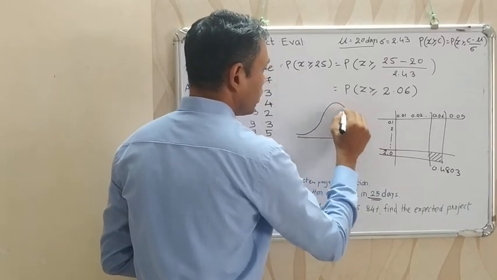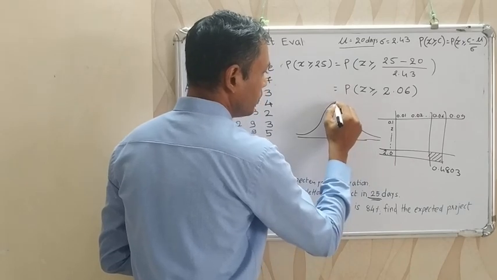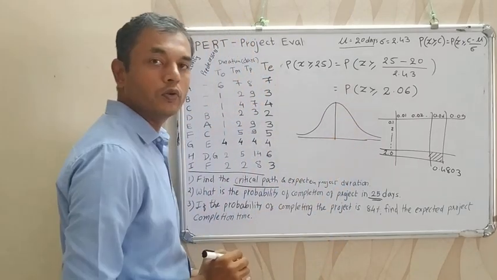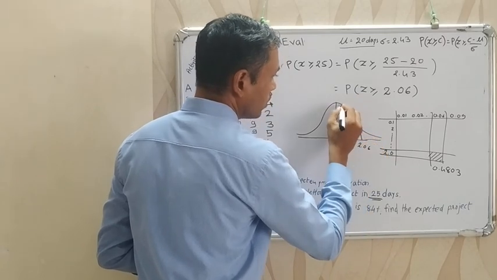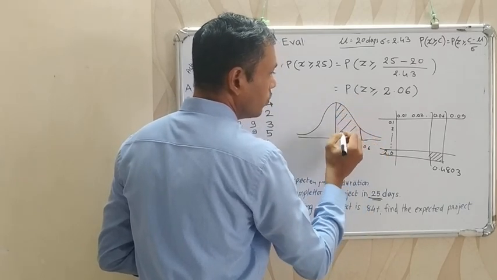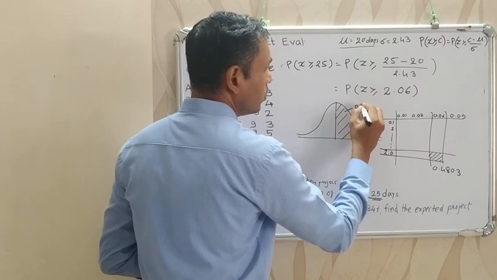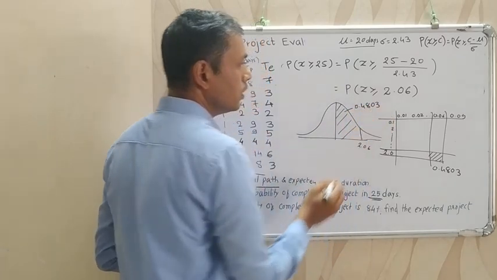This value indicates this part. Say it is a standard normal distribution, and here is the mean value. It is 2.06, and the area under the curve is 0.4803.